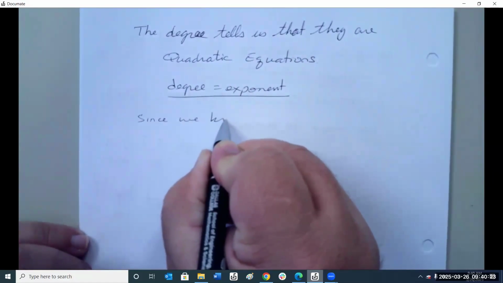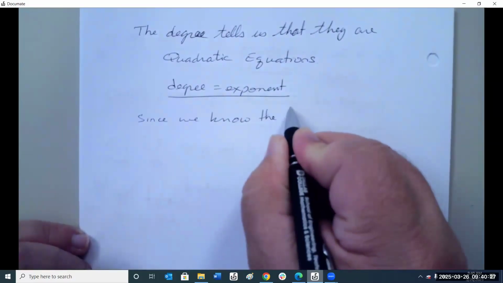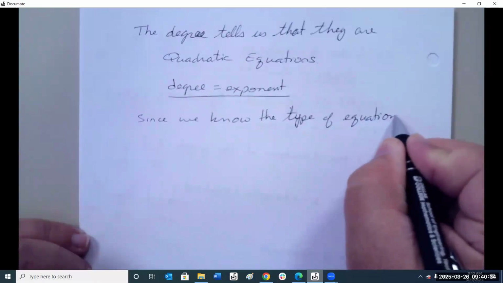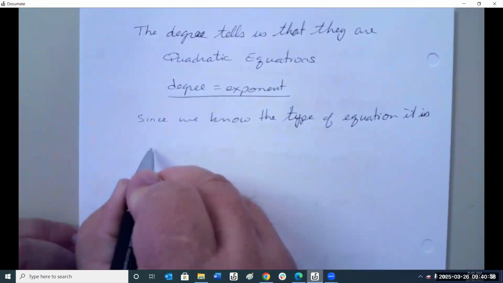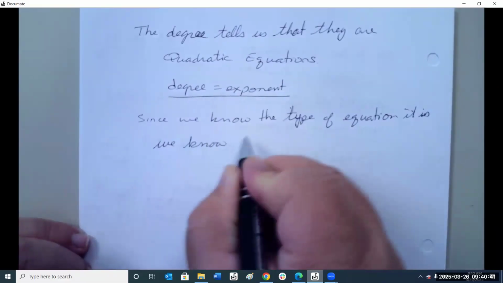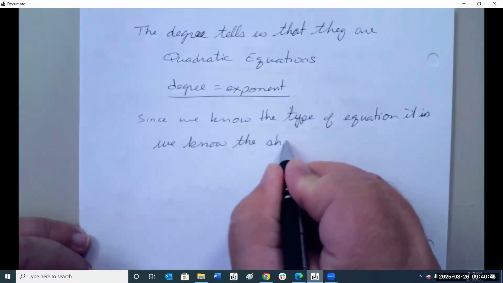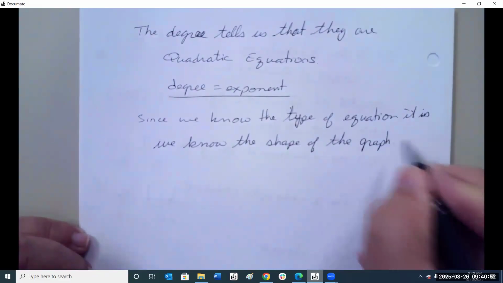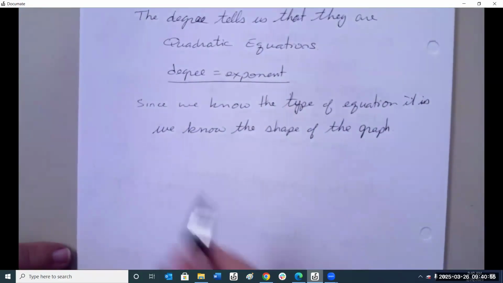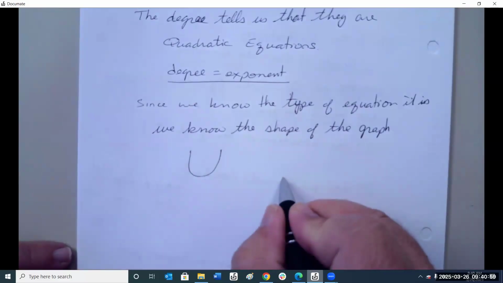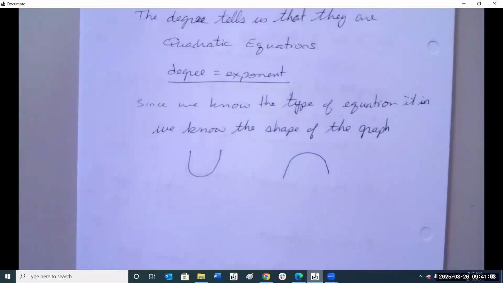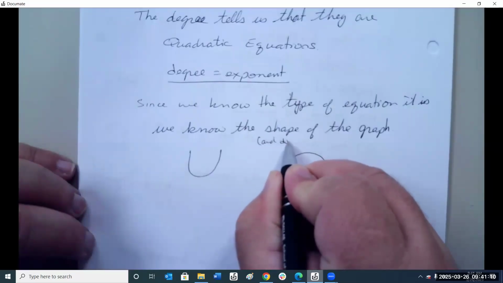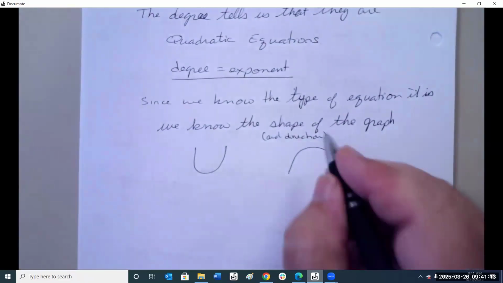Since we know the type of equation, we know the shape and direction of the graph.